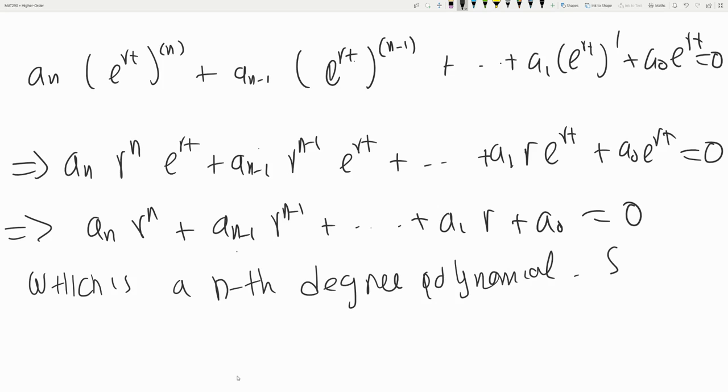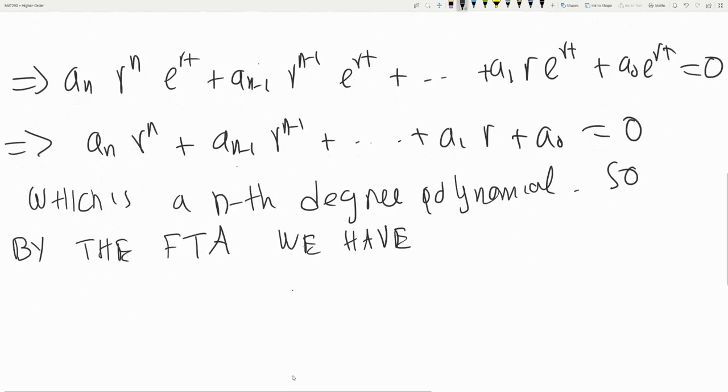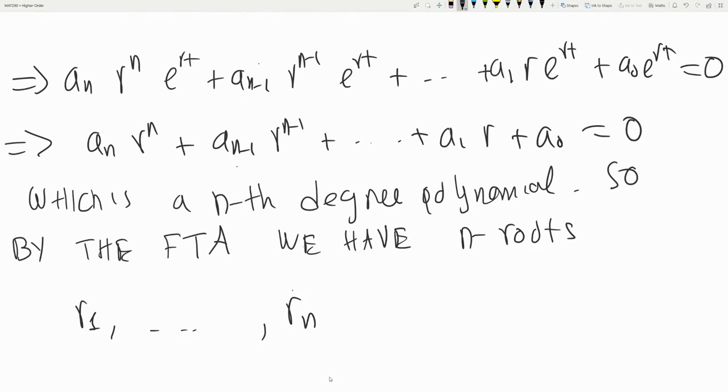Okay, so by the fundamental theorem of algebra, we have n solutions, n roots, r_1 to r_n. Okay.